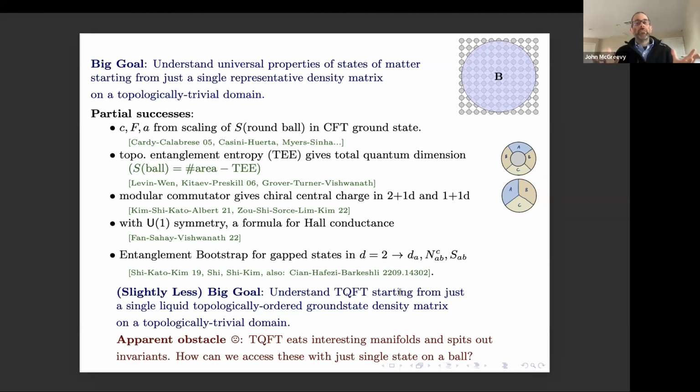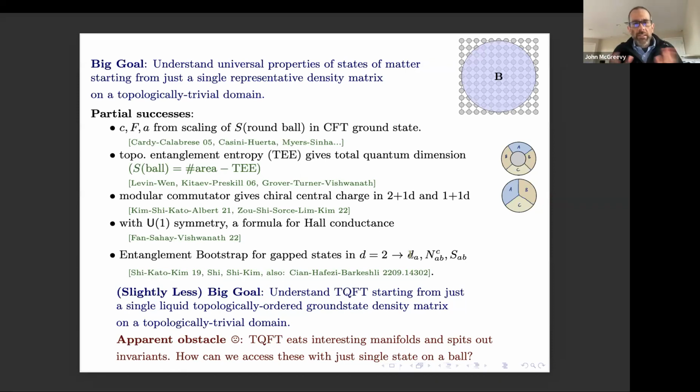A topological field theory is a framework for encoding that universal data, and there's some set of information we need to input to specify it, like this list of anyons and their fusion rules. So one narrow perspective on the program is to figure out how to fill in that data just from a single wave function. And that we mostly know how to do by now.